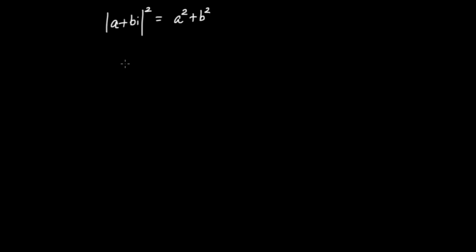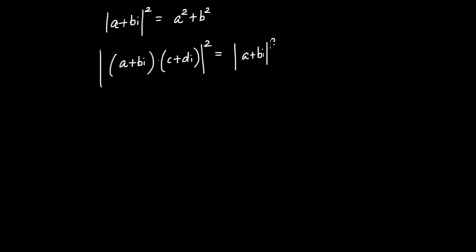And we discovered in the last video that if I take a plus bi times c plus di, I multiply two complex numbers together, take the squared magnitude, that this is equal to the squared magnitude of a plus bi times the squared magnitude of c plus di.